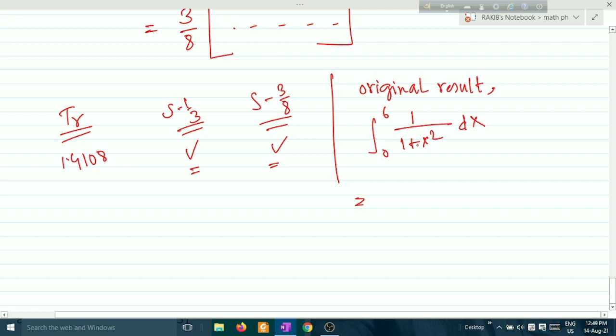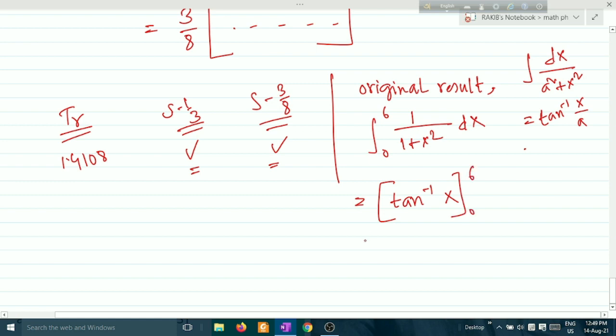How to solve this kind of integration? If you are given dx upon a square plus x square, it is solved by tan inverse x by a. Here x is x only and a is 1, from 0 to 6.